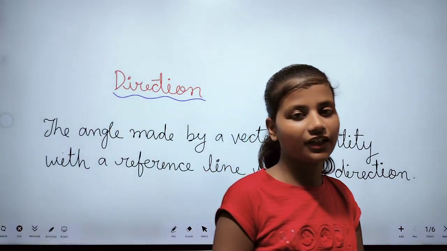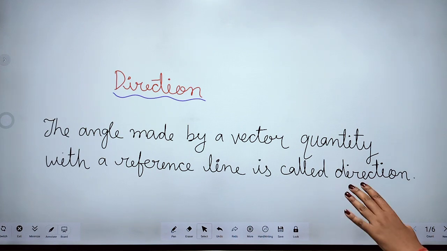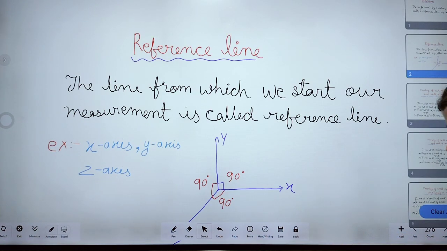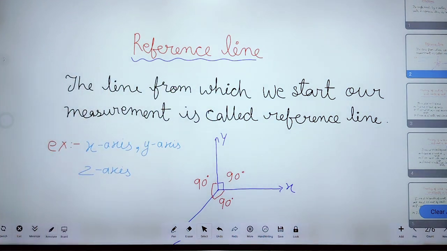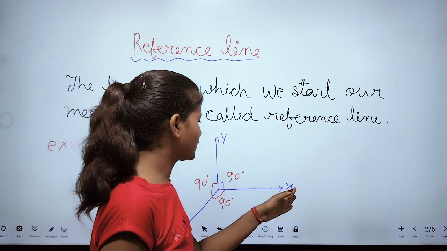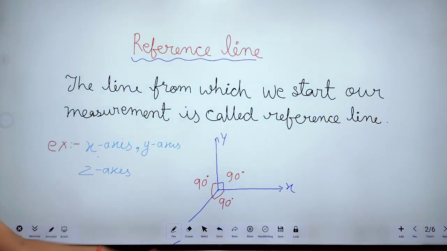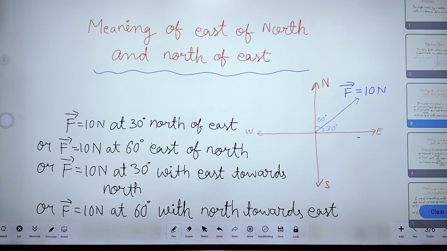The angle made by a vector quantity with reference line is called direction. And what is reference line? The point from which we start our measurement is called reference line. Okay, like x-axis, for example. From here we start our measurement. X-axis, y-axis, and one is z-axis.